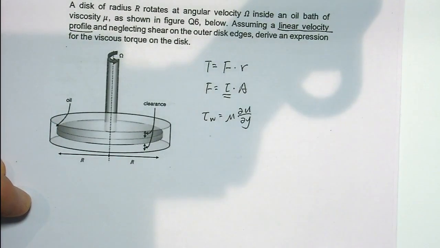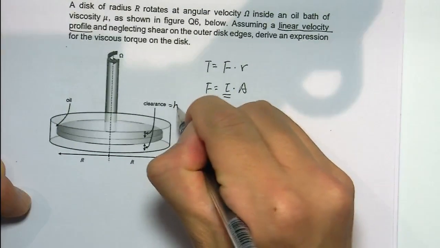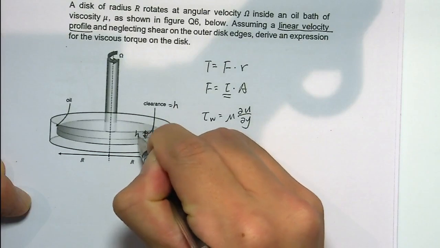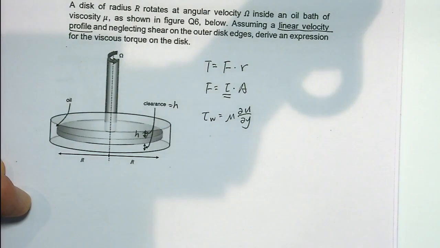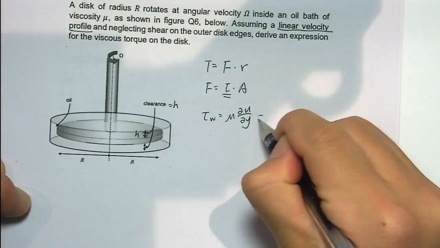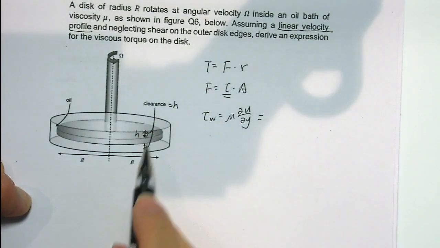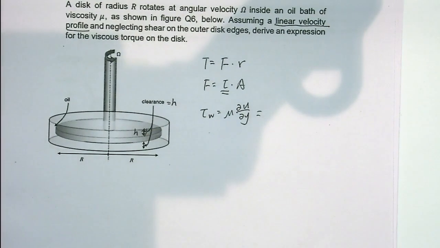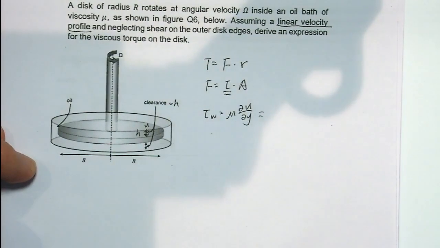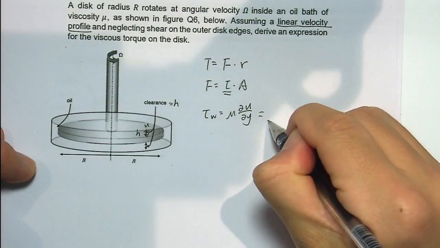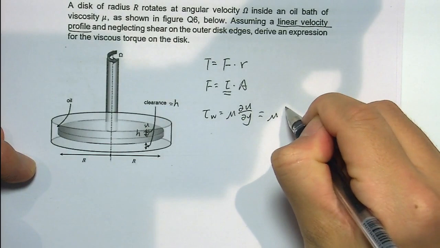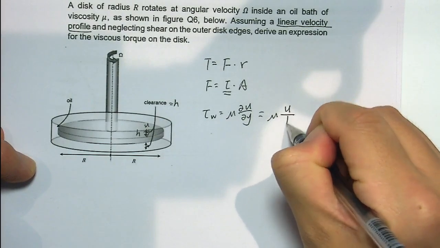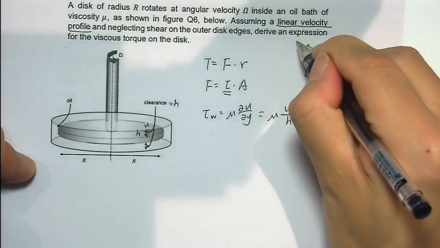For example, we give the clearance height as h, and at the top it reaches the maximum velocity, which we make u.